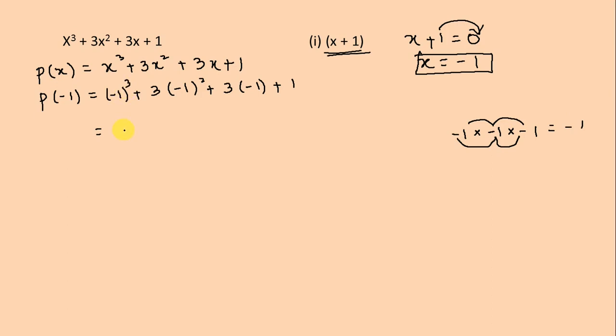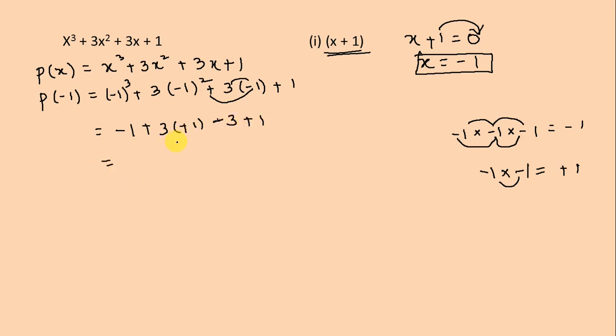Minus 1 cube is minus 1. 3 as it is. Minus 1 square is plus 1. See here, minus 1 square means we have to write it 2 times. Minus minus plus, 1 1 1. So we put here plus 1, and here is plus minus minus, 3 1 3, plus 1.